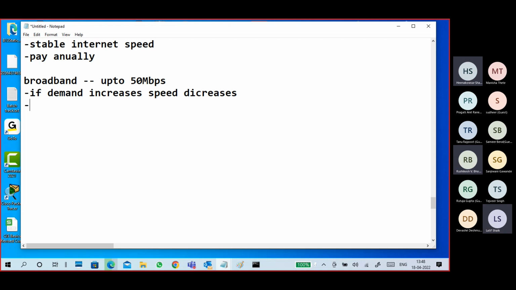You cannot reach the destination. Like this, if demand increases, meaning traffic is high, then speed is low. If traffic is low, the speed is good. So you will get an up to kind of speed.